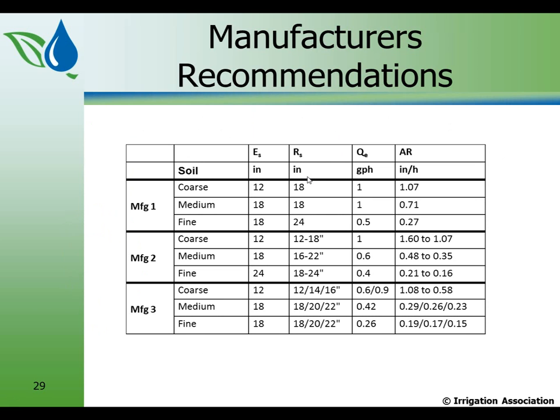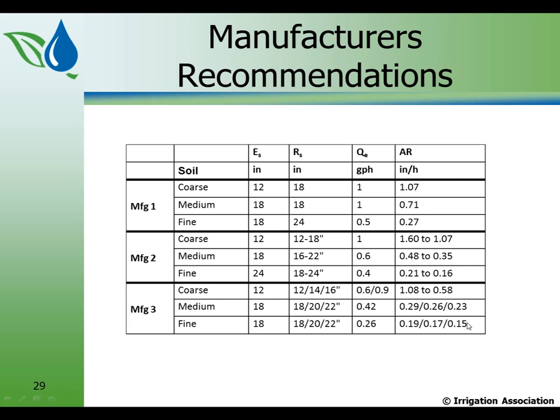The manufacturer's recommendations, and this is what I've gleaned out of the literature recently, for 3 different manufacturers, for 3 different soils, there is some consistency, but not complete. And it's largely dependent on what the manufacturer makes, because not all manufacturers have all emitter spacings, and not all manufacturers have all emitter flow rates.